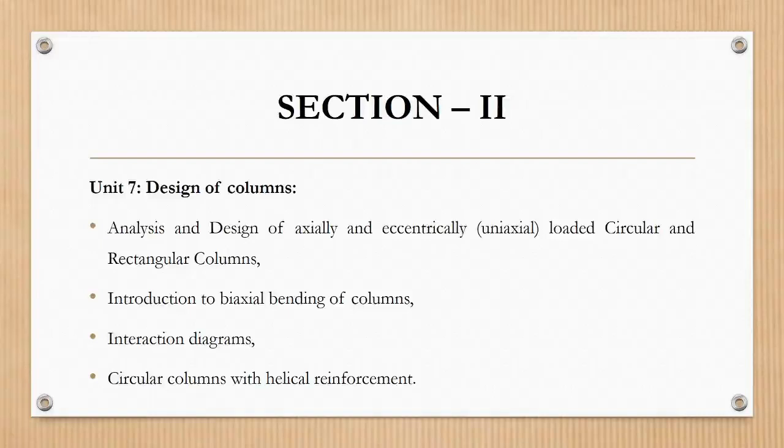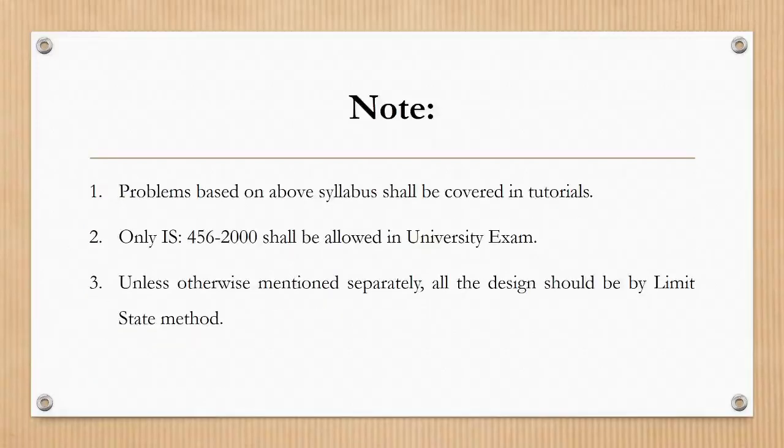Uniaxial and biaxial are the two types of loading conditions which may be generated when the columns are subjected to loads, particularly eccentric loads. We will discuss in detail the uniaxially loaded columns, but only the introduction for biaxial bending of columns. Then we will discuss interaction diagrams, then circular columns with helical reinforcements. So these are the chapters which we are going to deal with in this course.